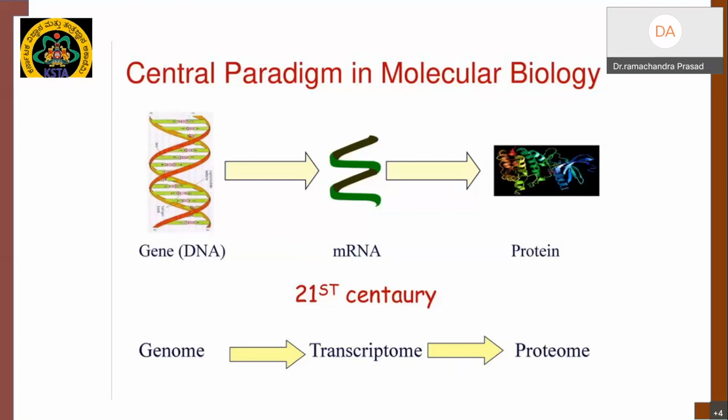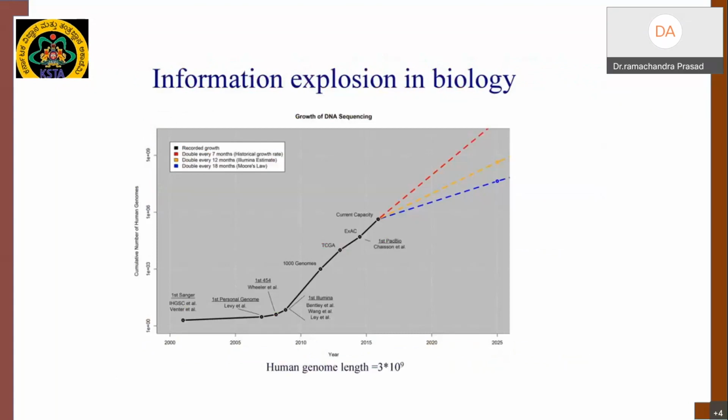So this is how the idea came, and bioinformatics emerged from this because of the lot of information. When we look at this graph, after the Human Genome Project was completed in 2002, a lot of data has been generated from molecular biology.